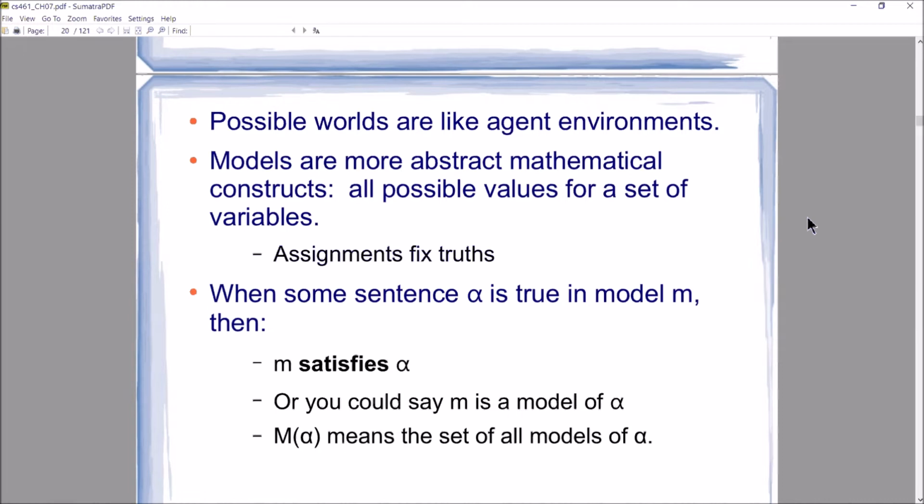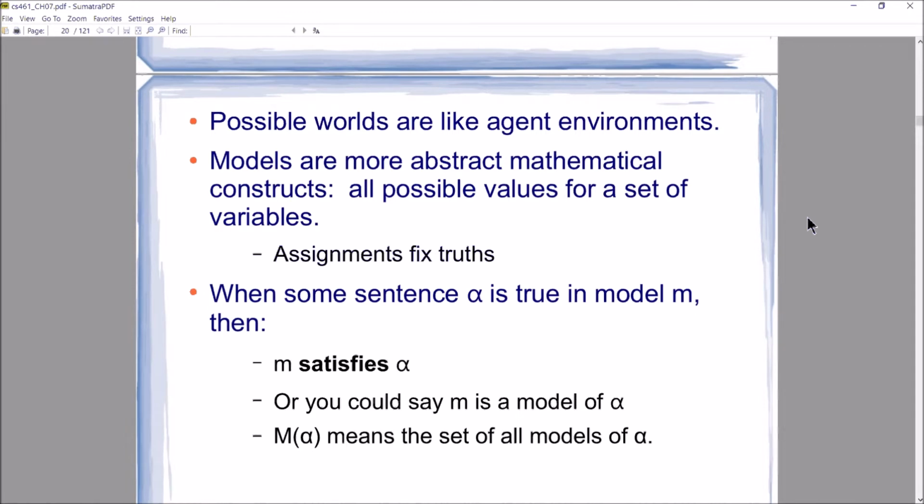Now, if you have some sentence alpha, and that's true in model M, then we can say that model M satisfies sentence alpha, right? So by model M, we mean a particular combination of values assigned to variables, where those variables are going to represent something about the possible world, about the model.